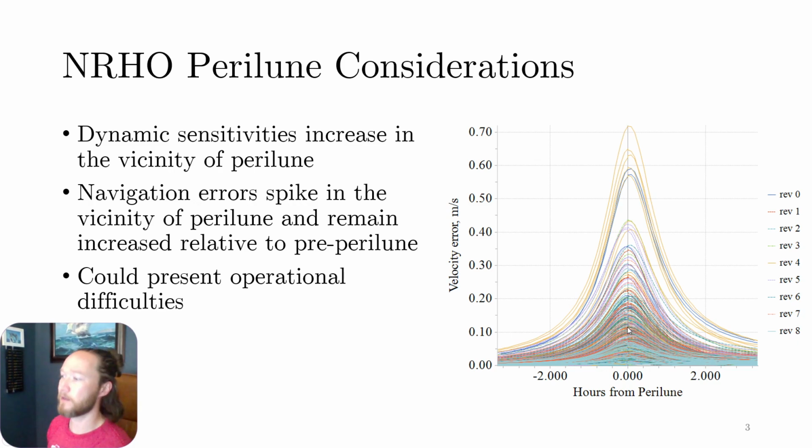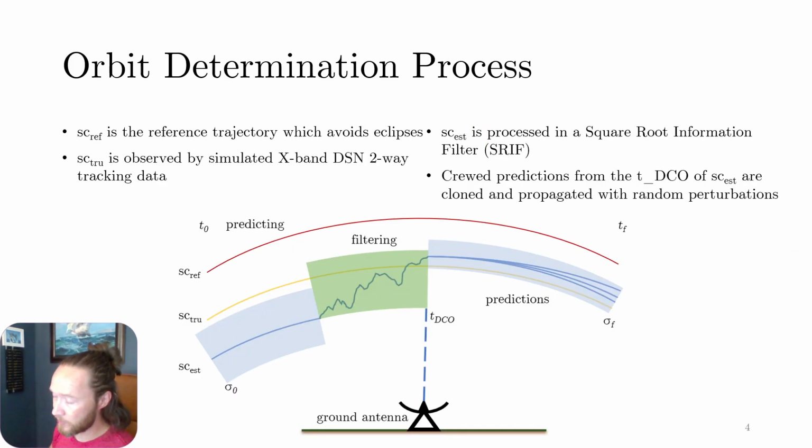You can see that the velocity errors spike in the vicinity and then come down to slightly elevated values. So as you predict through multiple Perilunes, your errors grow in a stepwise fashion through multiple revs. The propagations from a tracking data span through Perilune is what we're looking at for both the way that we are doing orbit determination and the propagations through that dynamic region.